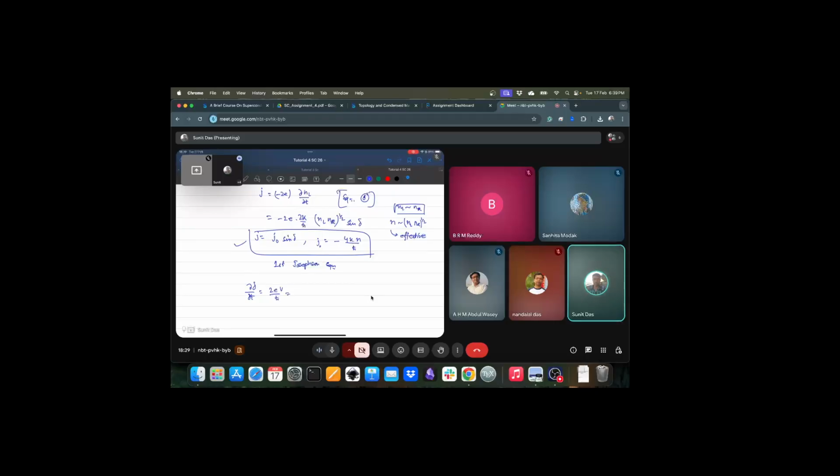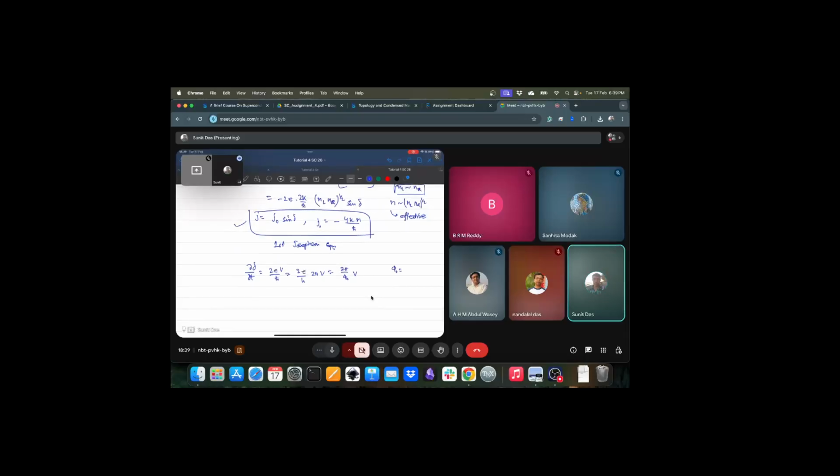This we can write as 2e by h times 2 pi V, so this is 2 pi by phi 0 times V, and phi 0 is of course h by 2e. Okay, so this is actually the key principle behind the working of the SQUID as well.